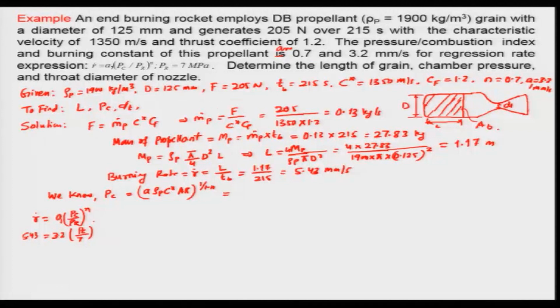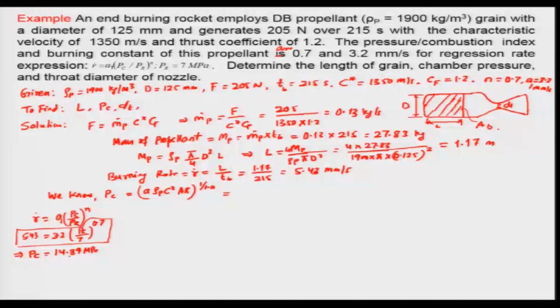So, power to the 0.7. So, therefore, I can get Pc is basically 14.89 megapascal.